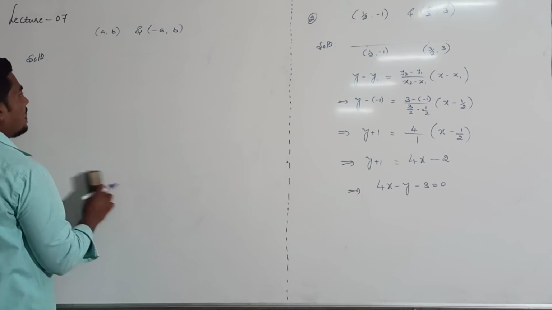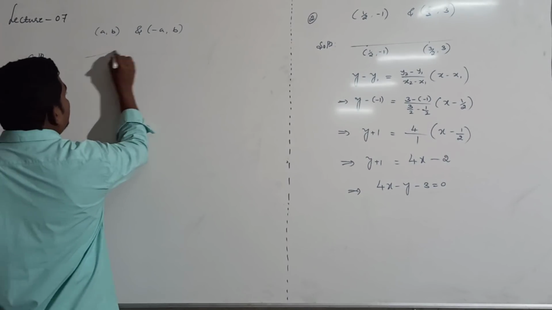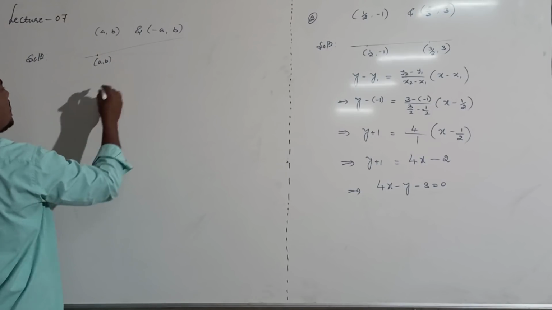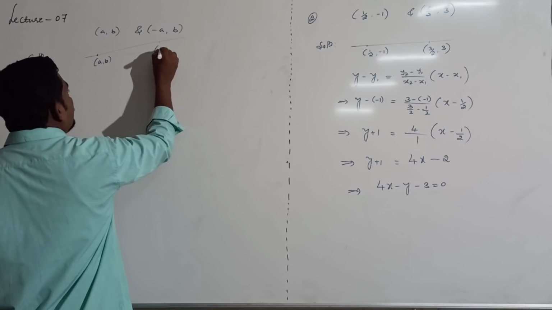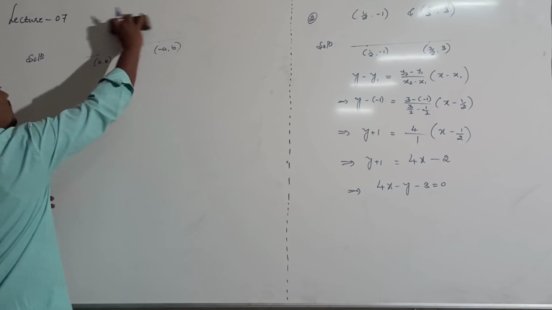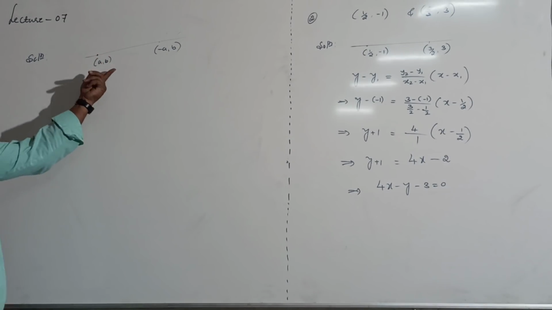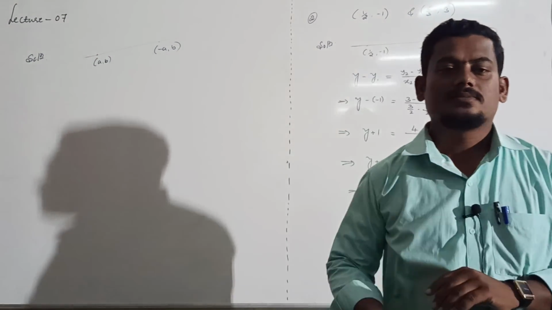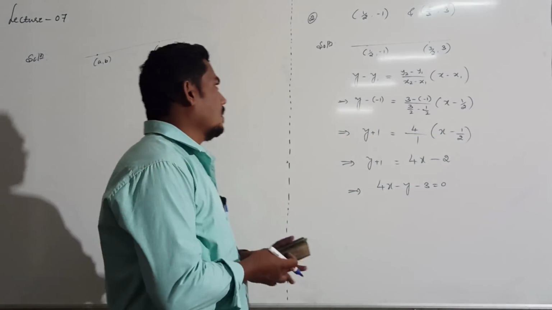Our required line passes through these 2 points. The first point is a comma b and one more point is minus a comma b. Use the 2 point formula. Why? Because our required line passes through these 2 points, and clearly both are distinct, right?